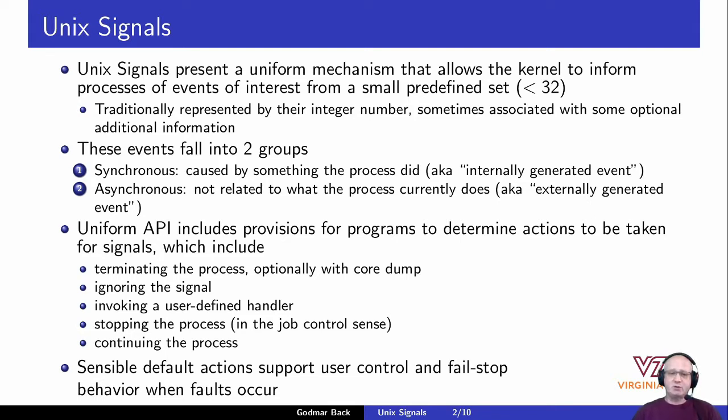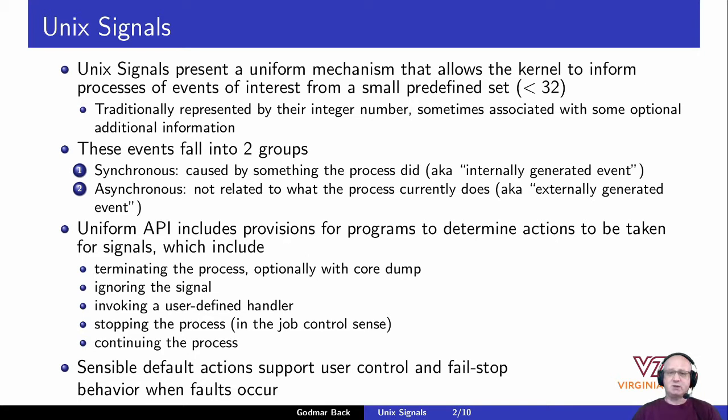But the process may also invoke a user-defined handler, a function that you, the programmer, implement and that is called when a signal is delivered to a process. And then two more functions. Signals are also used for job control purposes.